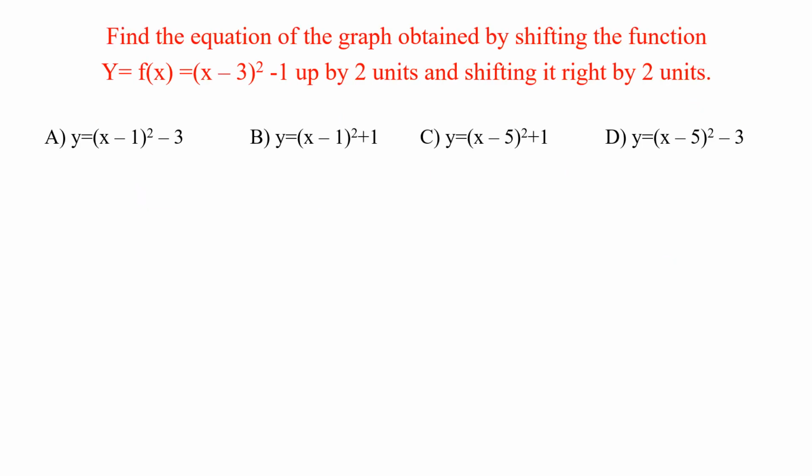We have the following question. Find the equation of the graph obtained by shifting the function y, which is also represented by f of x, equal to x minus 3 all raised to the power 2, minus 1, up by 2 units and shifting it right by 2 units.